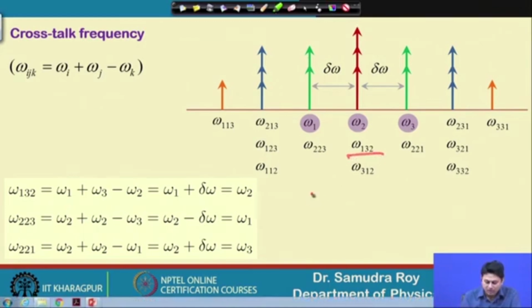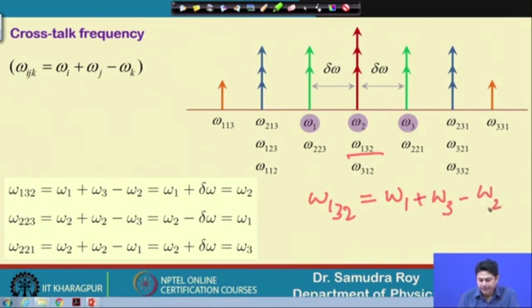Omega 132 is essentially omega 1 plus omega 3 minus omega 2. Now, omega 3 minus omega 2 is this delta omega.